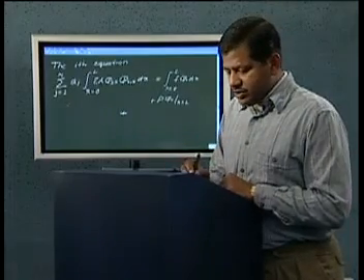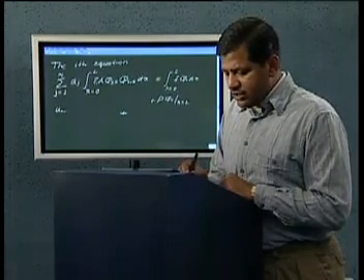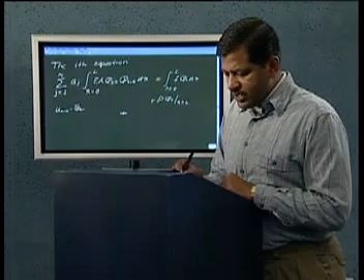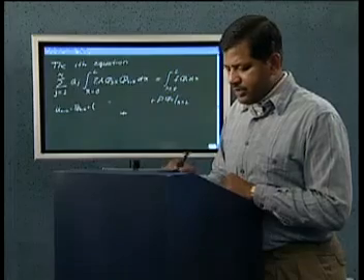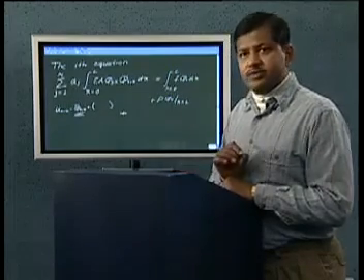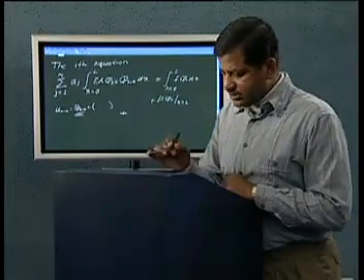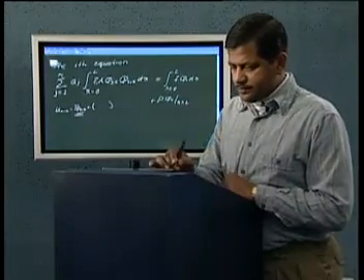Which part? Un of x was equal to phi 0 bar plus the remainder part. This part is a known, so this will also go not as a plus but as a minus.